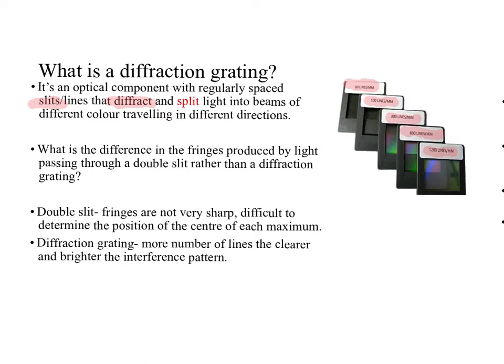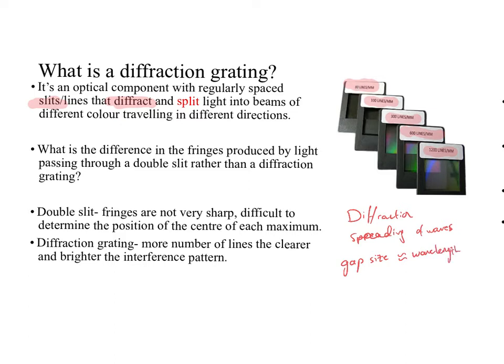We also know that for something to diffract, this is a quick reminder, by the way, since diffraction is the spreading of waves, for a wave to be able to spread or diffract appropriately, the gap size needs to be similar to the wavelength of the wave.